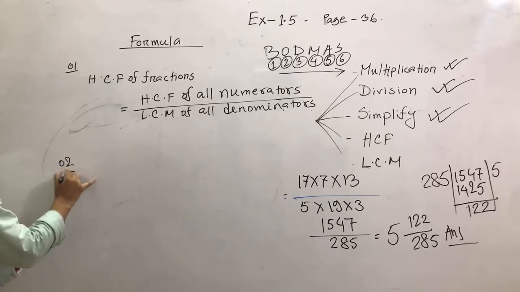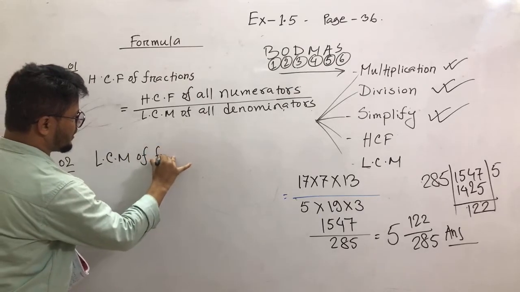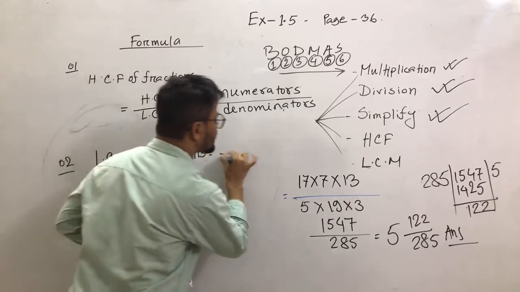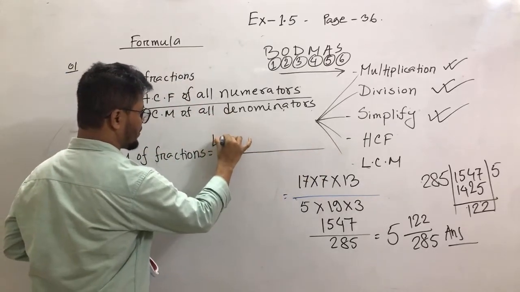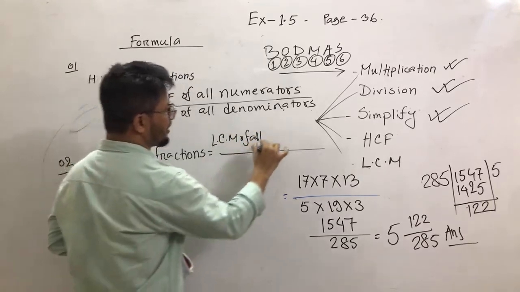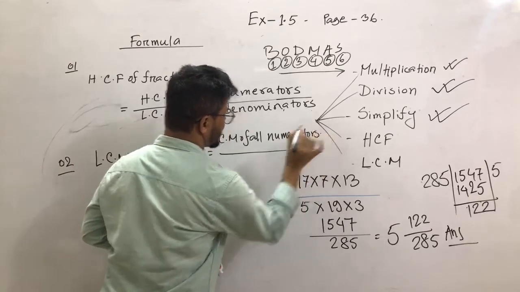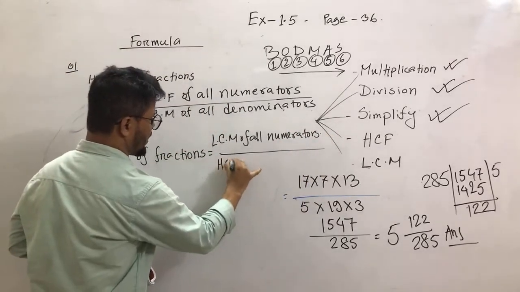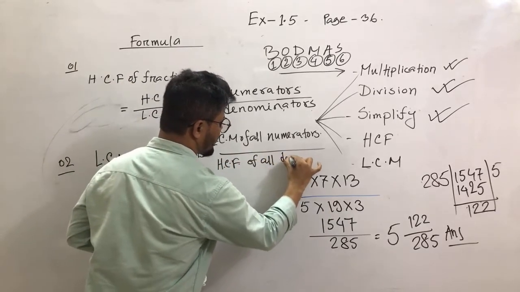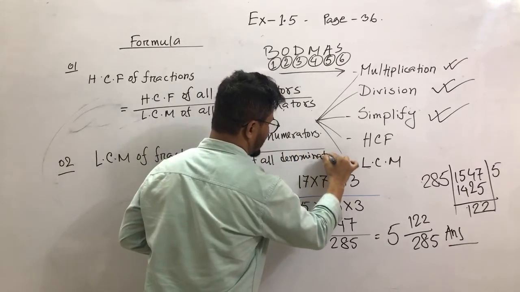Formula number 2, LCM of fractions is equal to the LCM of all numerators over HCF of all denominators.